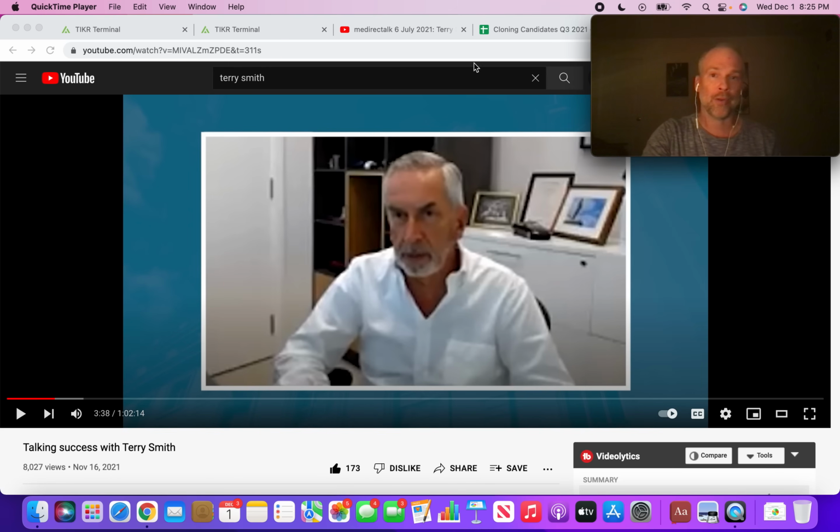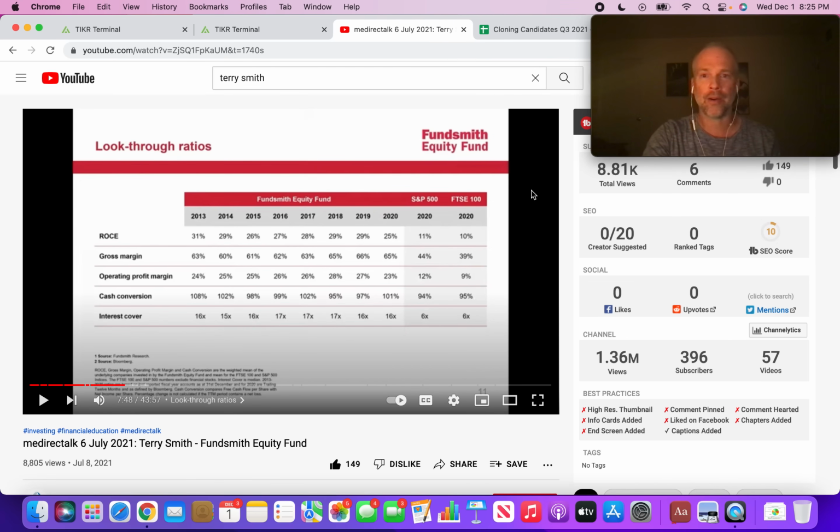For those of you who follow Fundsmith and Terry Smith, you know that they really pay attention to just a couple core metrics for their portfolio, right? They call it look-through ratios.